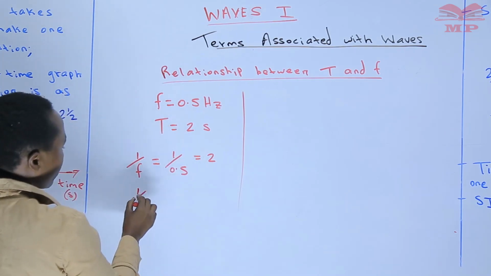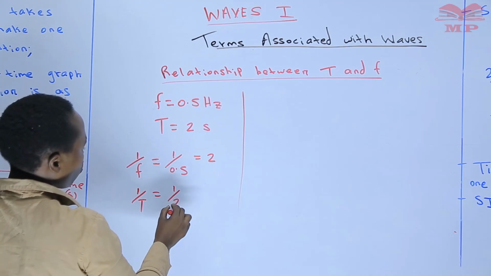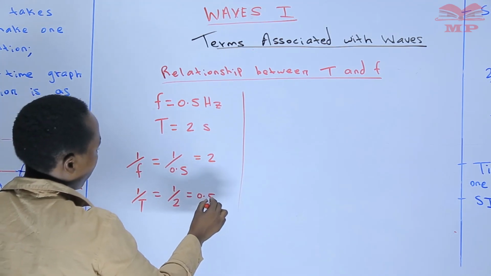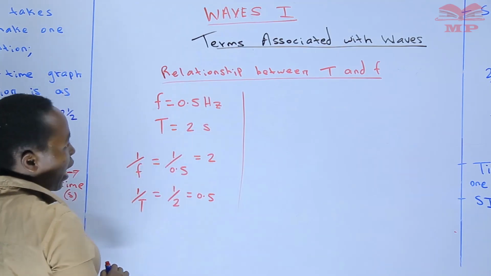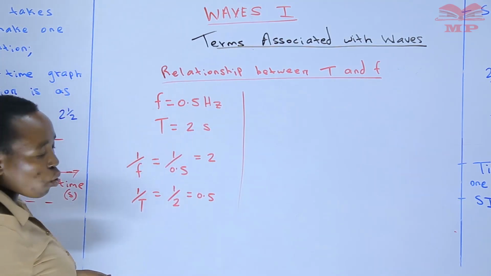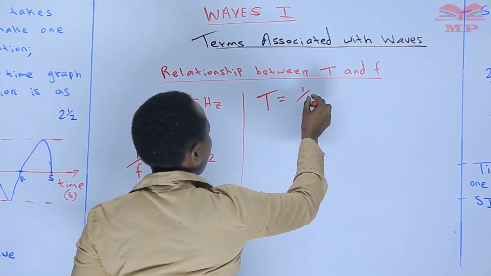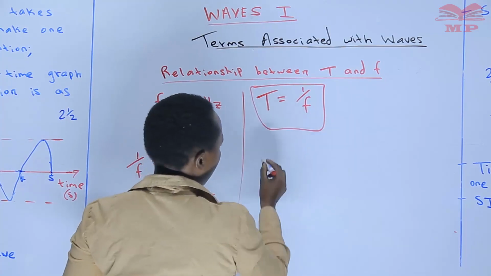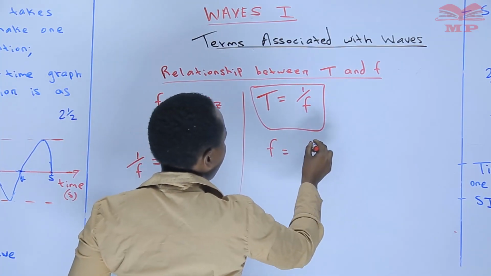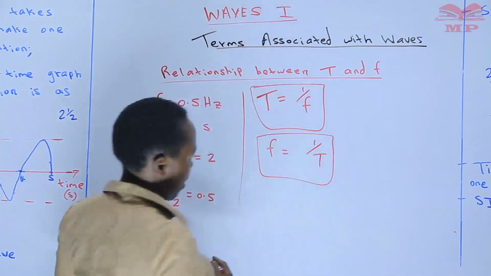Again, the reciprocal of periodic time, which is 1 over 2, is 0.5, and 0.5 is our frequency. Therefore, we can conclude that periodic time is the reciprocal of frequency, and vice versa, frequency is the reciprocal of the periodic time.